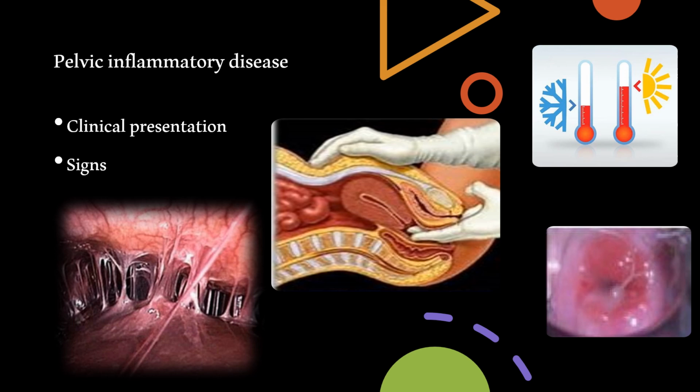Patients sometimes present with right upper quadrant pain, and the right upper quadrant is also tender on examination. Here is the picture which shows adhesions between the undersurface of the diaphragm and the liver. This is actually a laparoscopic finding showing Fitz-Hugh-Curtis syndrome.